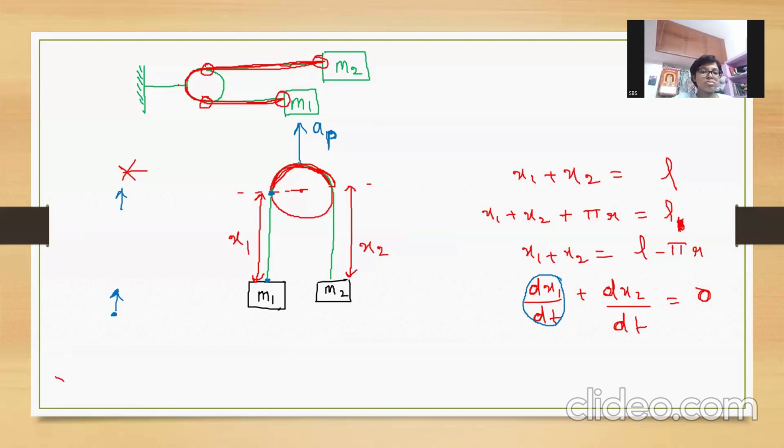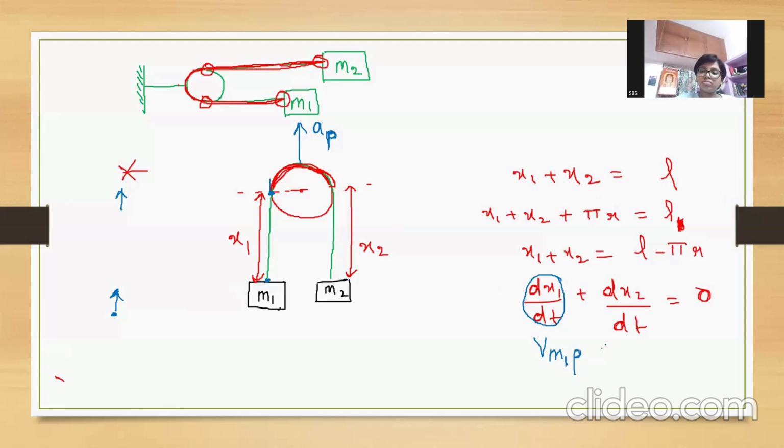If the pulley is moving with AP acceleration, this end is also going with AP because it is connected with the pulley, and m1 is going with some other acceleration, a1 or a2, whatever. We are not at all sure. Then dx1 by dt is the velocity of this m1 block with respect to the pulley.